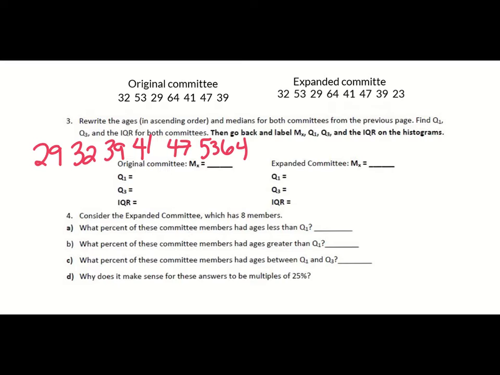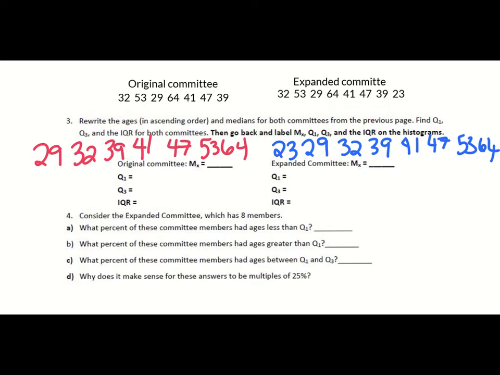Our expanded one was the same thing, but it had a 23 in it: 23, 29, 32, 39, 41, 47, 53, 64. Let me double check: 1, 2, 3, 4, 5, 6, 7, and 1, 2, 3, 4, 5, 6, 7, 8.